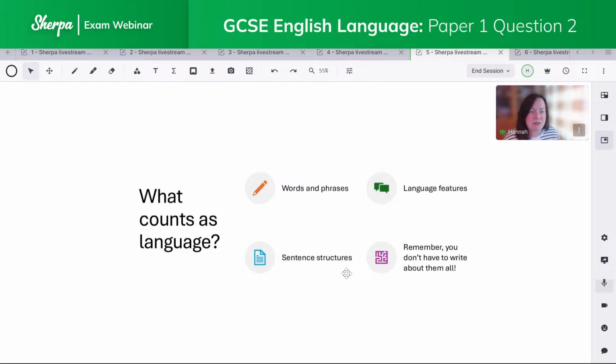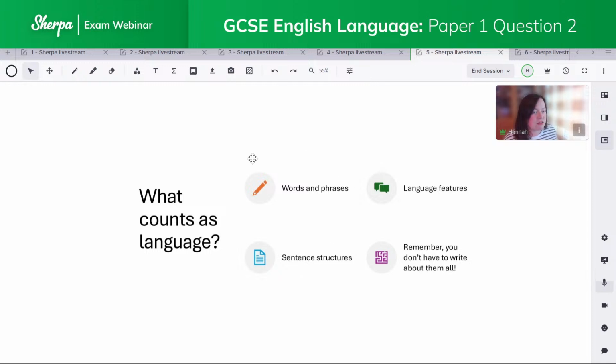For example, what lots of students do is they might spot a nice, short, dramatic, simple sentence that stands on its own, and they might say it's done for dramatic impact. But what impact? You need to explain it a little bit more. Why is it important that the impact is created? How was the impact being created by that short sentence? So yes, sentence structures are a little bit harder to talk about, I would say.